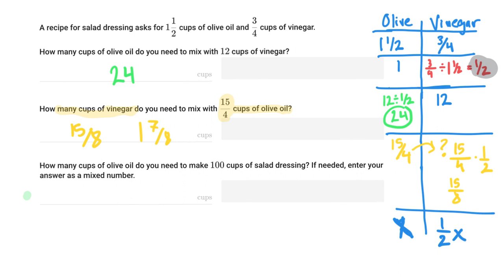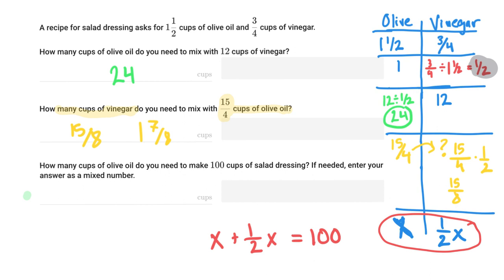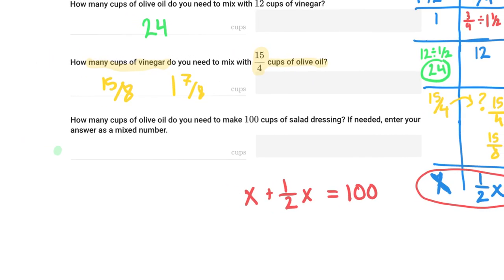If I took these two together, my x plus my 1/2 x, because we're adding them to a dressing, we need that to be 100 cups of total salad dressing. So we've got to try and figure this equation out.